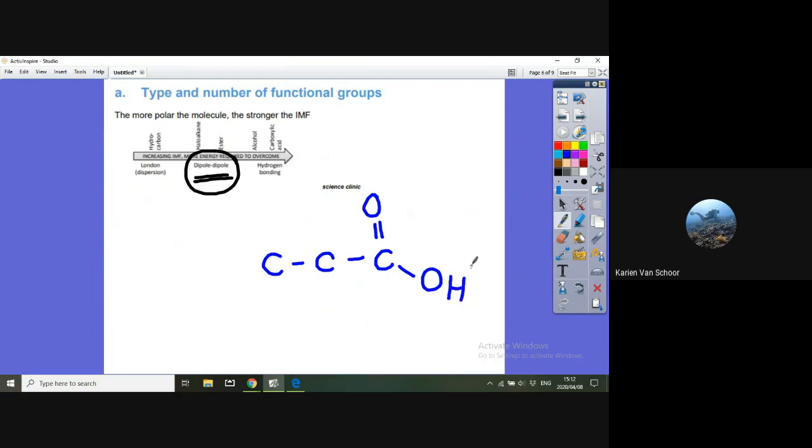So again, you have an OH there that is a hydrogen bond, and it is also going to form a dipole-dipole. So there's actually two things. There are more complicated reasons why carboxylic acids are stronger than alcohols, but we don't go into lots of detail up to matric because we don't need to.